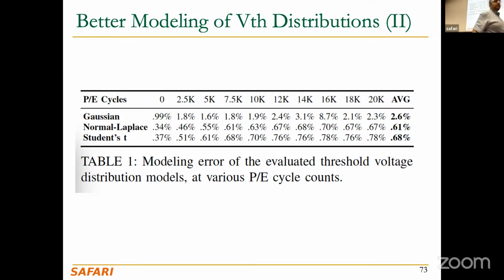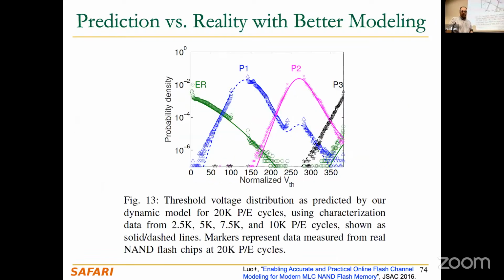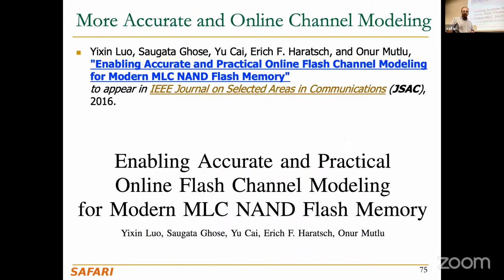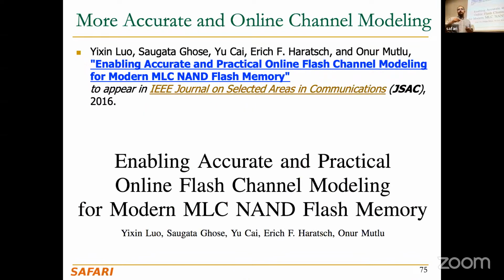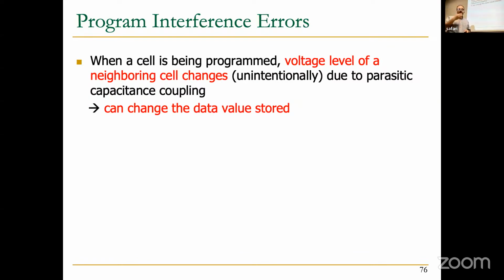So we realized that Student's t is a very good trade-off that can provide good prediction accuracy and is also very good in terms of performance. If you are interested, you can go into the paper and read it more carefully. But essentially, that's the idea. We want to model the threshold voltage using some distribution, and based on that, we want to predict the threshold voltage.